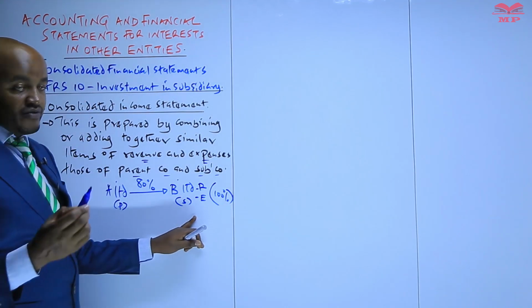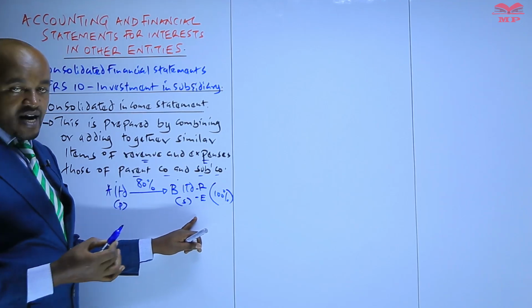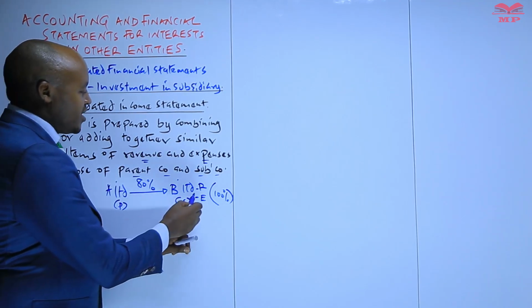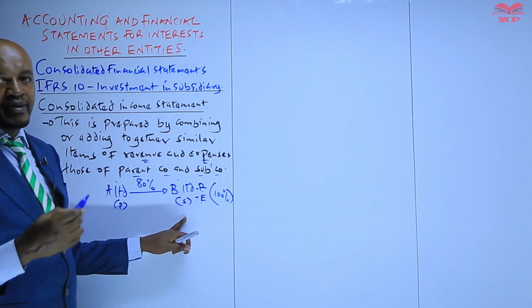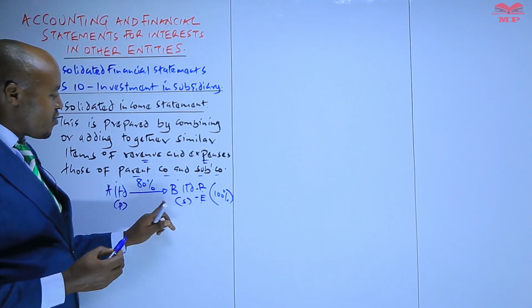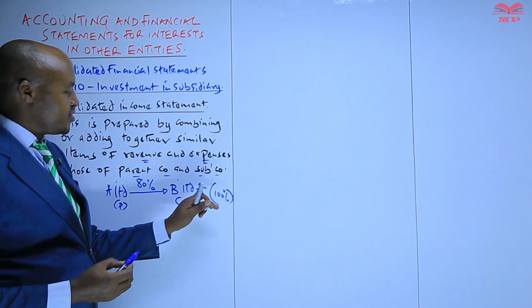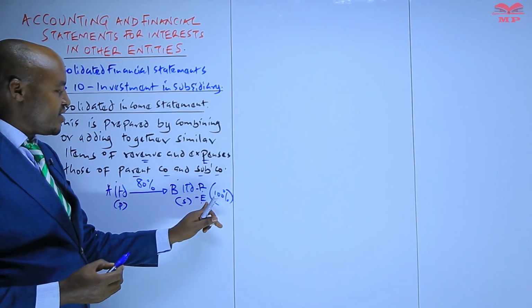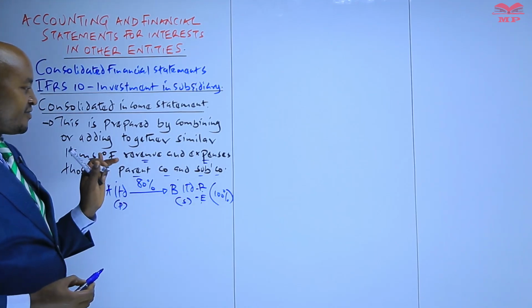In other terms, if you come across a question whereby you are required to prepare a consolidated income statement, when taking into account the revenue and expenses of the subsidiary, even if the parent company has not acquired 100% of the shares in the subsidiary, you always take into account 100% of the revenue and expenses of the subsidiary. That is very important.